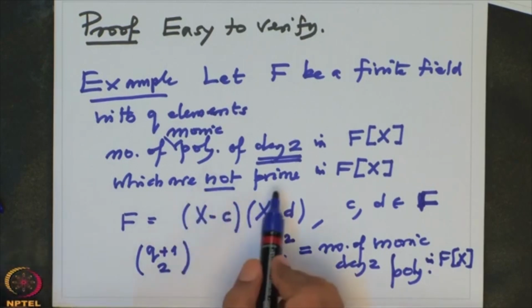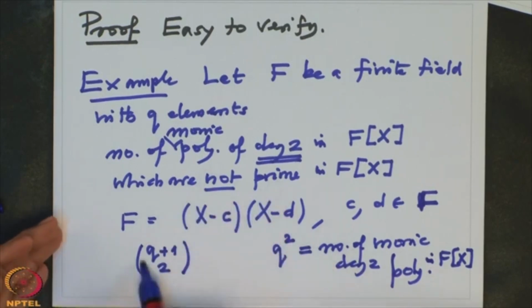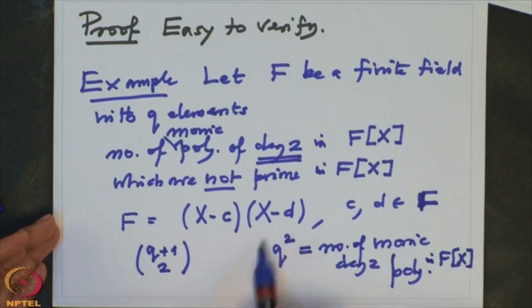So how many will be prime among them? These are the non-primes, and the primes will therefore be the difference.